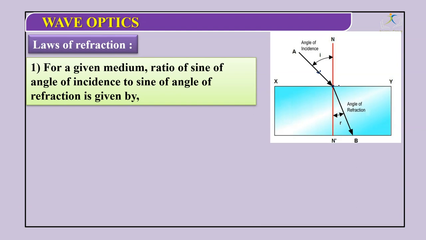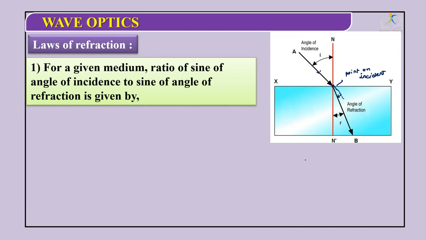As you can see in this diagram below, angle of incidence I strikes the point of incidence, and because of the medium change it will deviate from its own path. So the light ray wants to go in this form, but because of the change in the media it will be bent towards the normal.